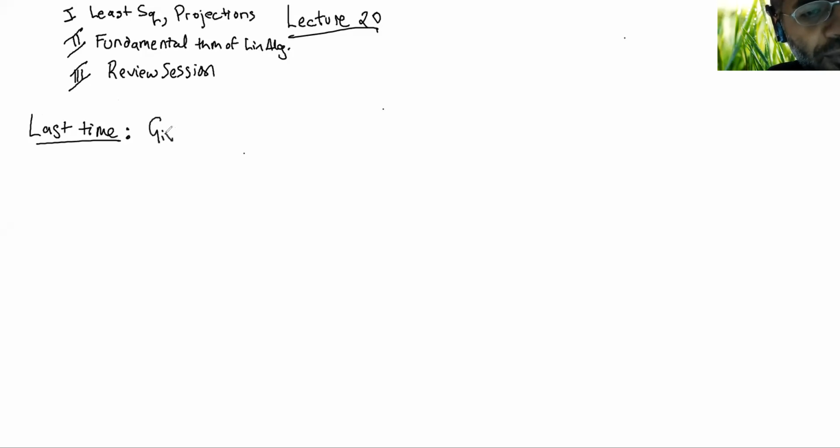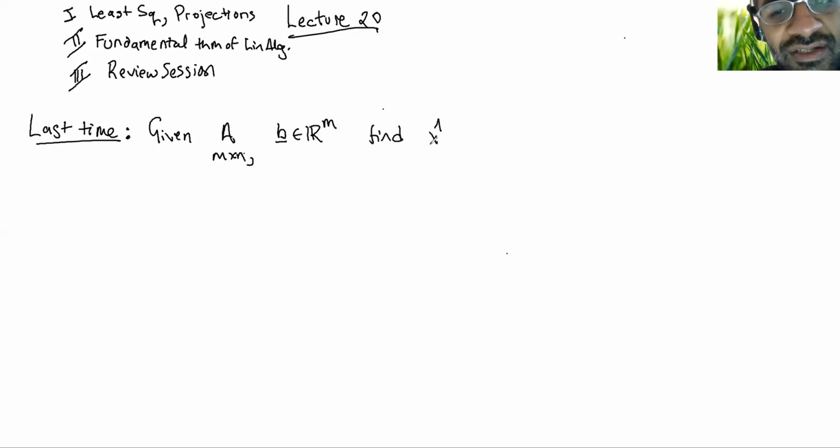This was the following problem: you're given a matrix A, maybe an m by n matrix, and some vector b in Rm. The question is to find some x hat that's as close as possible to solving Ax equals b. What that means is you want to find one minimizing this squared norm error. That's why it's called least squares.